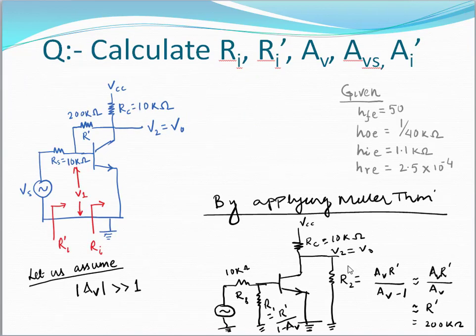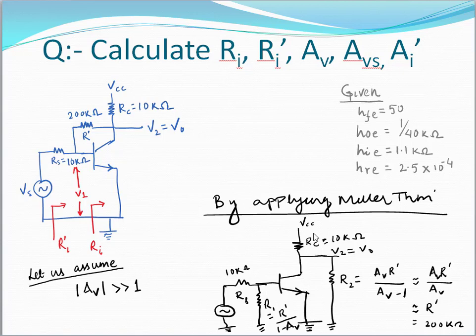Here we have two resistances, one is the RC and the other one is R2, and as we already know, if you want to do hybrid analysis of any circuit, then all DC supply would be grounded, so VCC will be grounded, and the other node of this R2 is also ground, and one end of R2 is connected at the collector terminal.